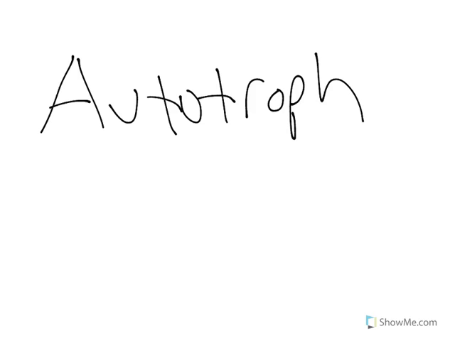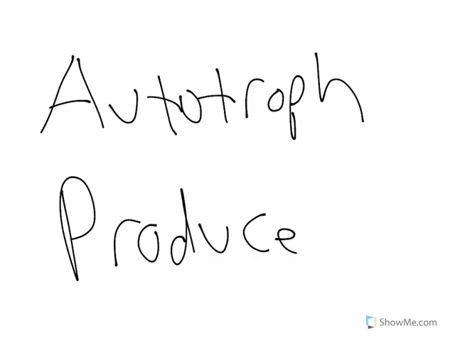The other term, and the term that biologists use more often than autotroph, is going to be a producer. They can produce their own energy. So plants or other photosynthetic organisms that can make their own food are going to be called autotrophs, which means self-feeder, or a producer, because they can produce their own energy.